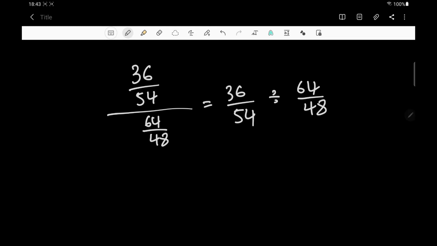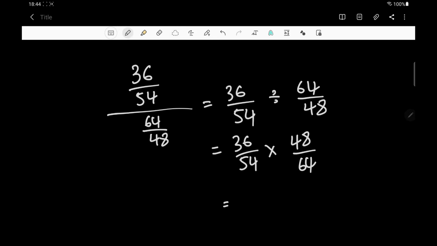And then we can use the keep, change, flip principle. Let's keep the first fraction the same, change the sign to multiply, and flip the second fraction. So there's going to be 48/64.